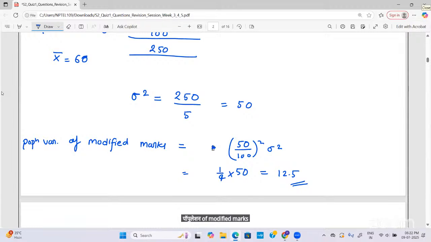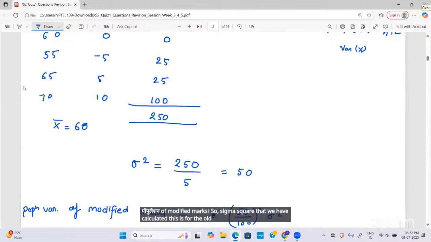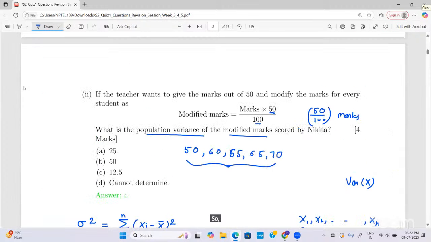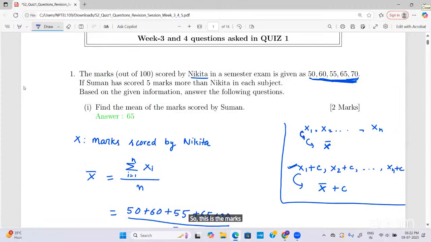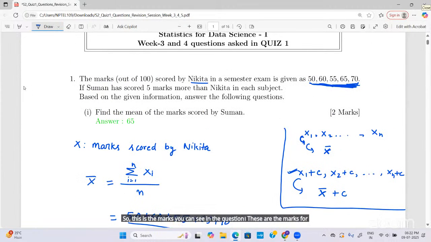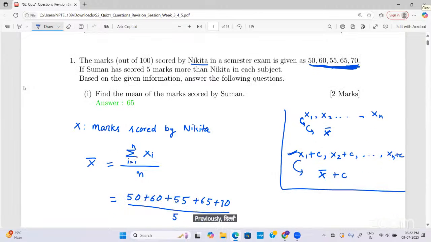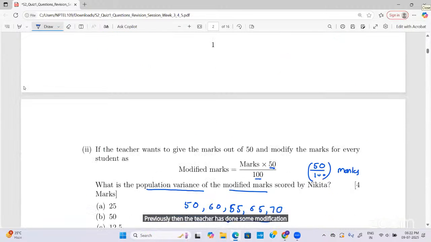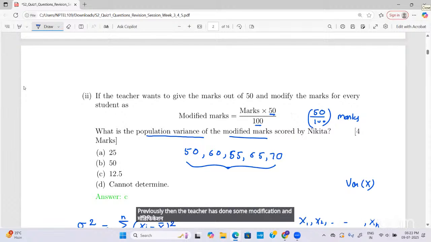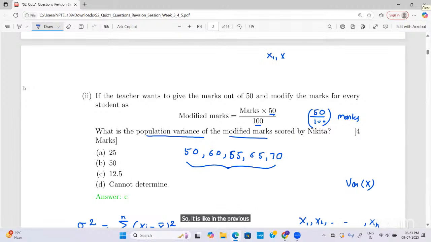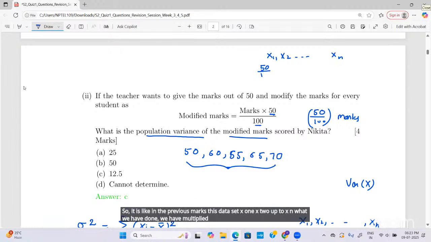Sigma square that we have calculated is for the old marks, right? You can see in the question, these are the marks obtained by Nikita previously. Then the teacher has done some modification: for each mark, we have to multiply by 50 and divide by 100. So in the previous data set x1, x2 up to xn, we have multiplied each data point by 50 by 100.